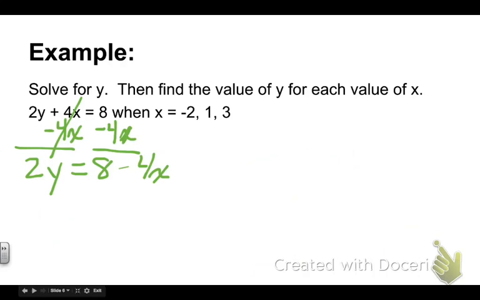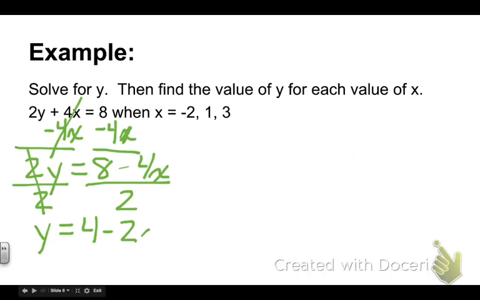And now, last step, get rid of anything being multiplied or divided by the variable. Y is being multiplied by 2, so do the inverse. Divide by 2 on both sides. So y is going to give you 8 divided by 2 is 4, and 4x divided by 2 is 2x. But again, I want to get you guys starting in good habits.